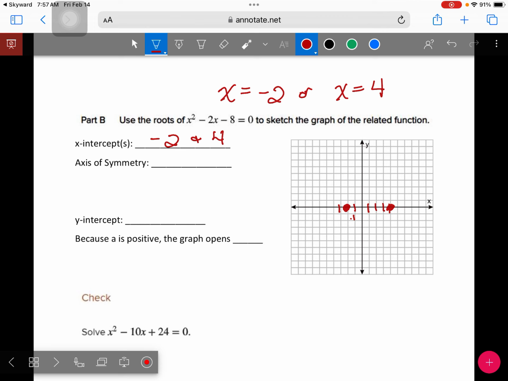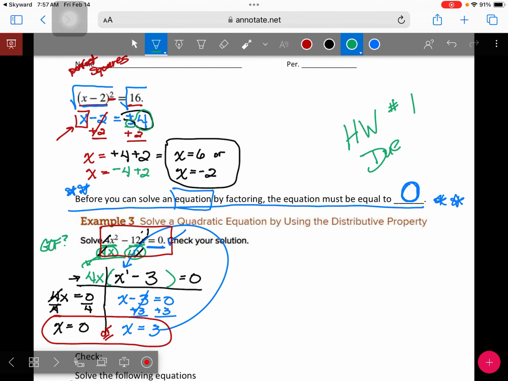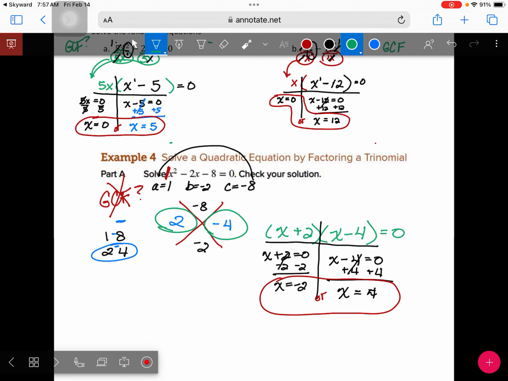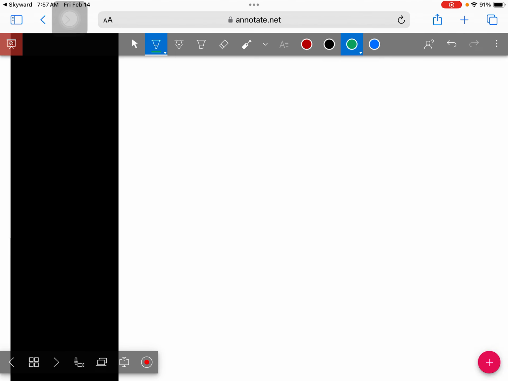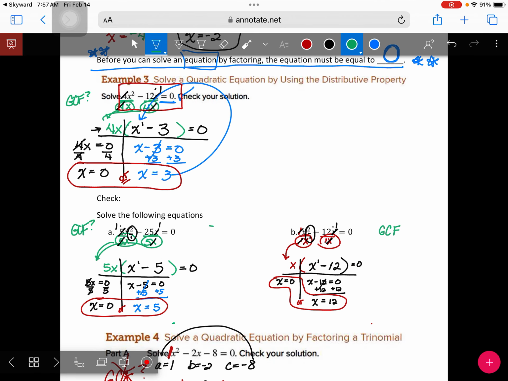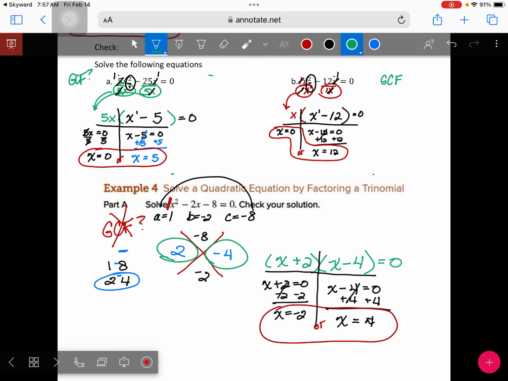Axis of symmetry. Do you remember how to find the axis of symmetry? X equals the opposite of B, all divided by 2A. Hopefully, is yours on the same side? Opposite of B. B is -2. So the opposite of -2 is a +2 divided by 2 times, what was my A value here? 1.